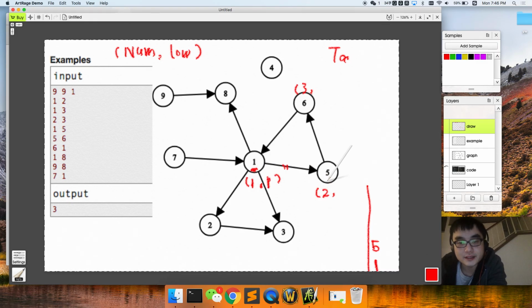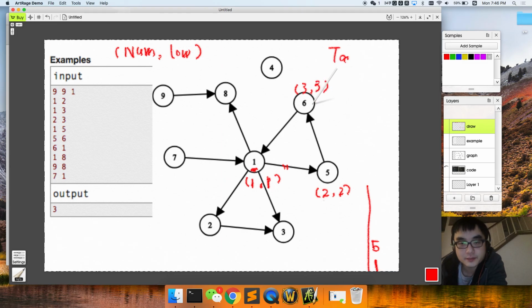And for node 5, the lowest number it can reach is 2, right? And for node 6, the lowest number it can reach is 3.